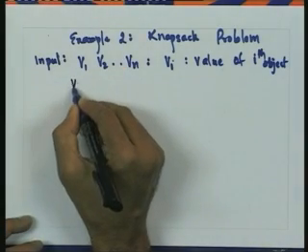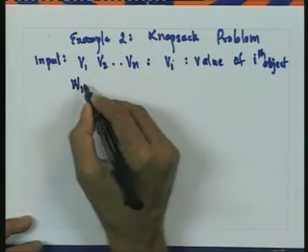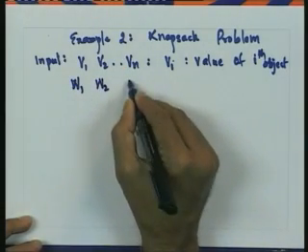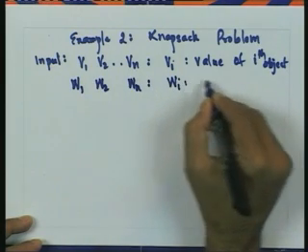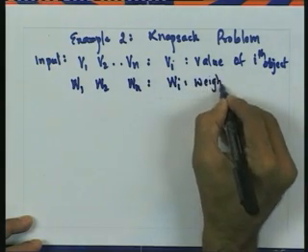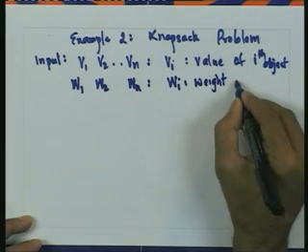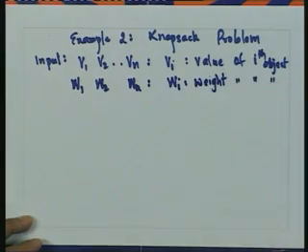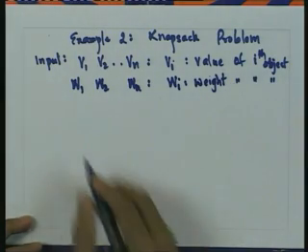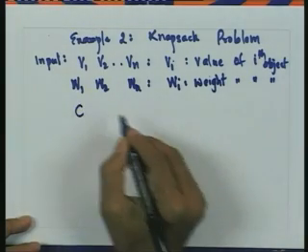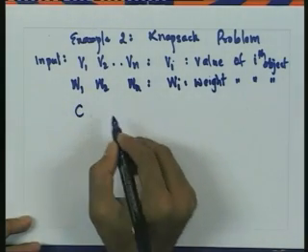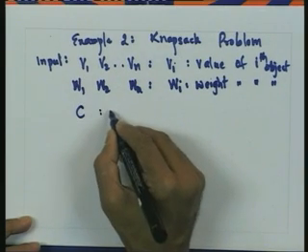In addition, each object also has a weight, say w1, w2 all the way till wn, such that wi is the weight, say in kilograms, of the ith object. And imagine that we are given a knapsack which has capacity C, the weight capacity.